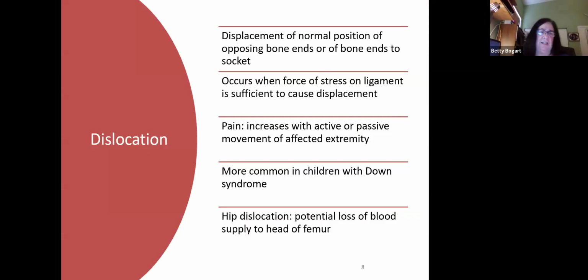So dislocations, this happens. I think the biggest one I've seen is what we call a nursemaid elbow, and it's not written on this slide. You have these little children, toddlers, ages 2 to 3 years old, and their tendons and ligaments are very soft and flexible. And we as adults like to pick them up by their arms, shake them and move them around, and the kid likes it. Well, the elbow gets out of joint, it's stretched, and it can't be bent.